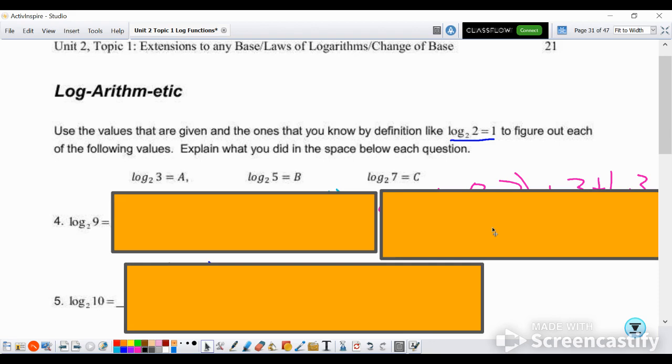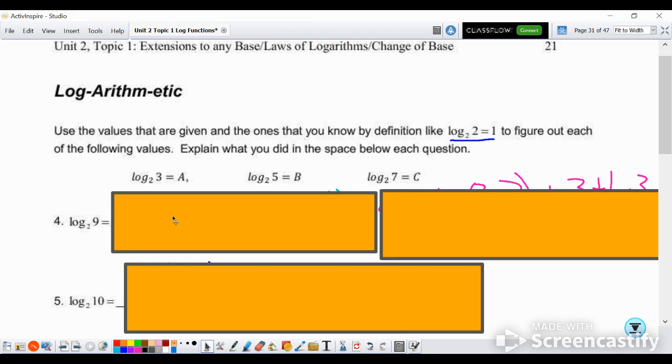So in addition to log base 2 of 2, we're going to use those definitions as substitution for some of these log problems. So number 4 says log base 2 of 9. If you look at our number bank, there is not a definition or letter associated with log base 2 of 9.